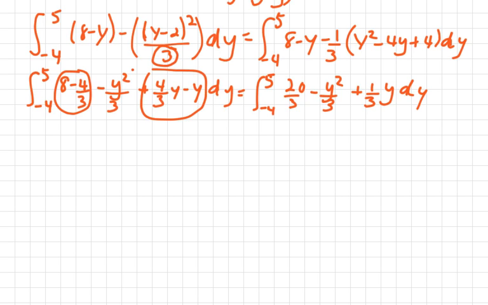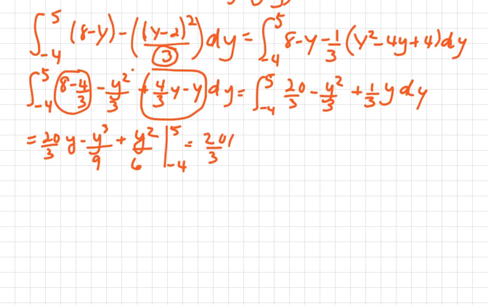Now I'm at the point where I can take the antiderivative. So the antiderivative is 20/3 y minus y cubed over 9, I'm sorry, plus y squared over 6. And I'm going to evaluate that between minus 4 and 5. Now we've got just a lot of arithmetic to do and keeping things straight.